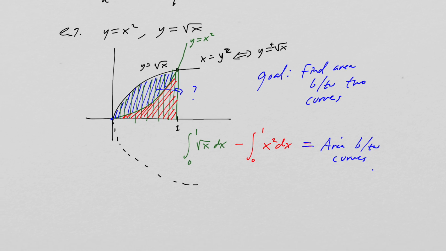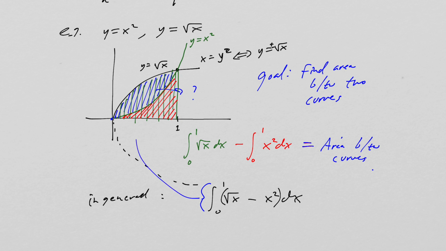That's cool, but we might want to formalize this. In general, we can write it this way. It's the integral from 0 to 1 of square root of x minus x squared dx. We can put them all in one integral to make a more compact expression for that area right here. Just for fun, we should go ahead and calculate that area.